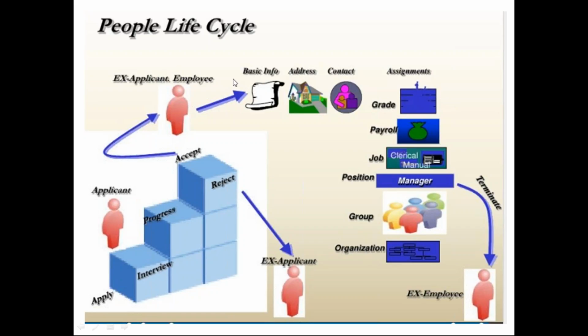Once we join the organization, this is the basic information, and then we can enter personal information like dependents and employee date of birth. Where the employee is working, what his job, position and grade are, and what his salary details are.